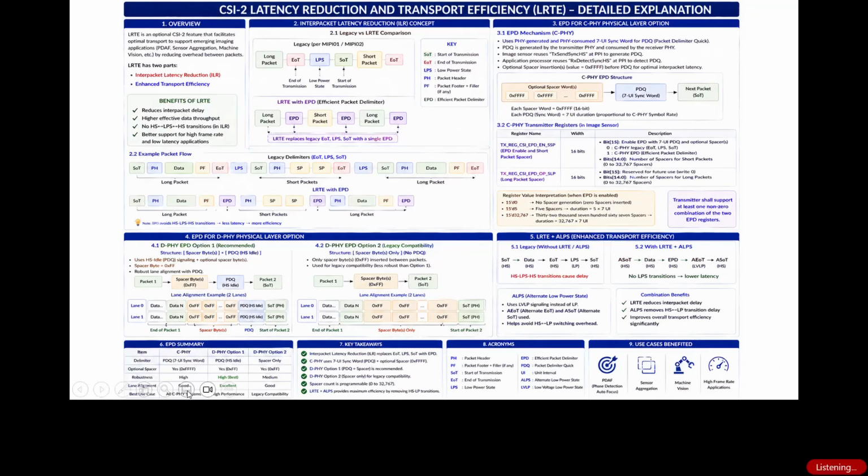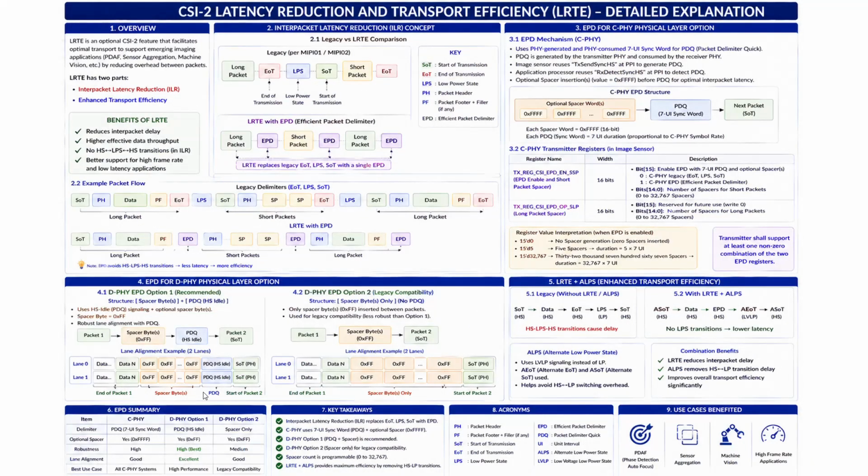So latency reduction and transport efficiency, why are we using it? To reduce the unnecessary pauses in our packet, we go for latency reduction and transport efficiency. What problem is LRTE trying to resolve?